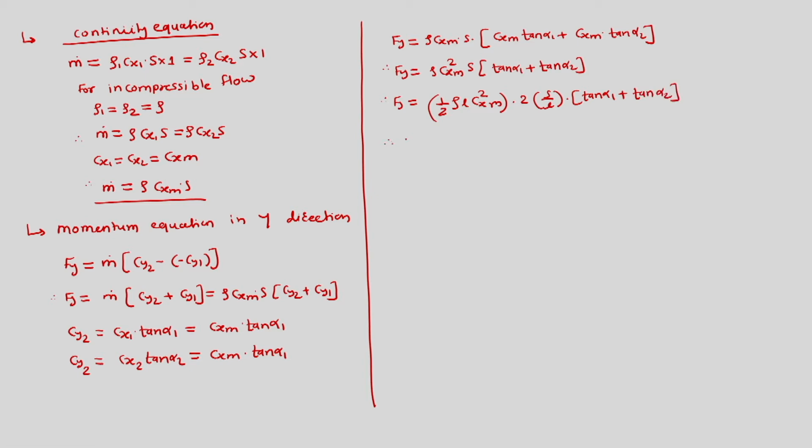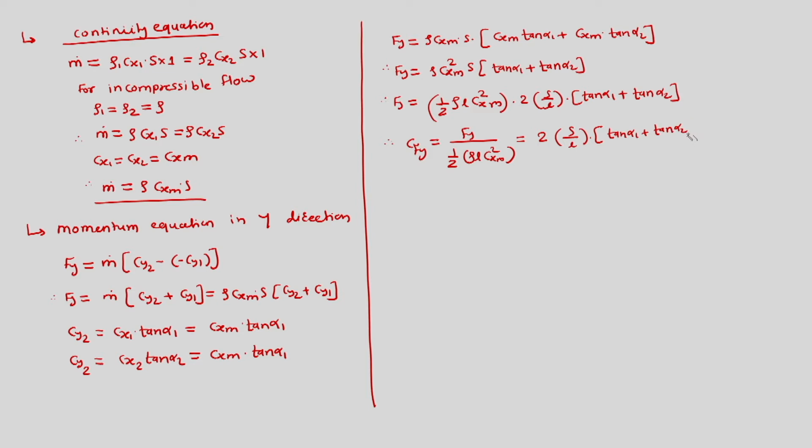We are purposely doing this, since we can write the coefficient of force Cfy is equal to Fy divided by half rho L Cxm square, and this gives us the answer as 2 into S by L into tan of alpha 1 plus tan of alpha 2.